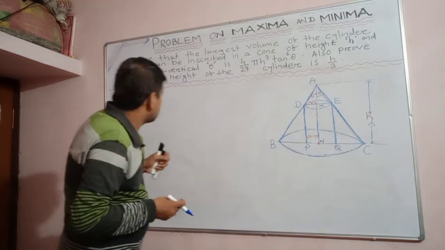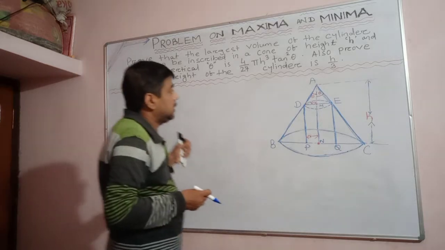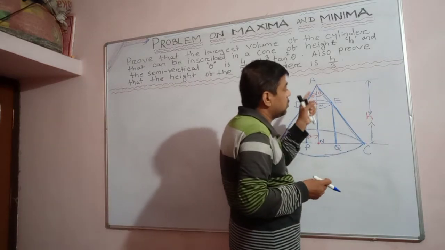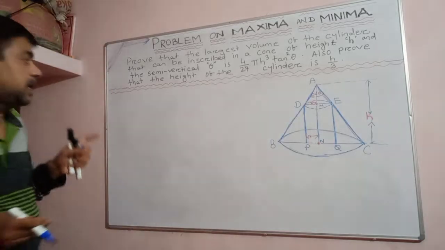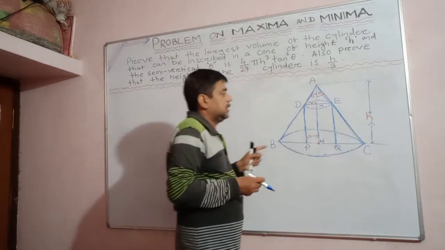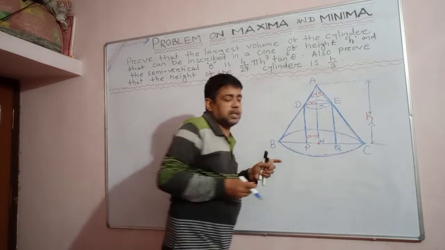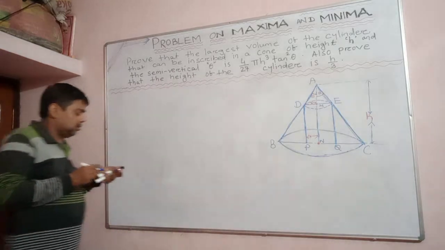Also you have to prove that the height of the cylinder is h by 3, which means 1/3 of the height of the cone, right? Okay, understand? So let's see how to do this one.